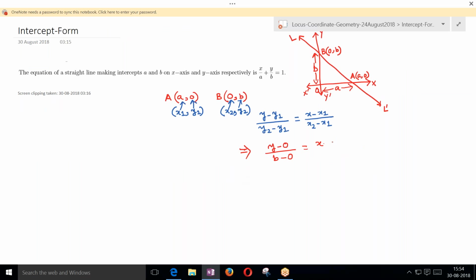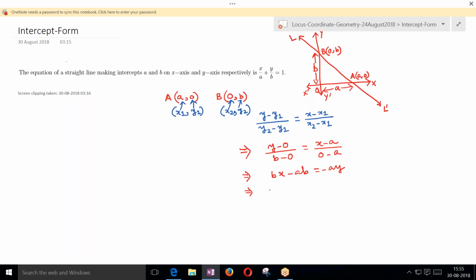Equals x minus x1, x1 is a, divided by x2 minus a, x2 is 0 minus a. So from here we get b into x minus a into b is equal to minus ay.